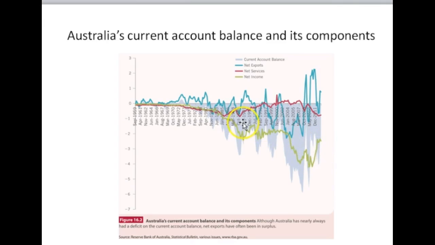So over the last 160 years, we are having current account deficit. Australia is having current account deficit, except for a few exceptional years in the 1970s and so. But the major reason for this deficit is the deficit in the income account, which you can see from this figure.